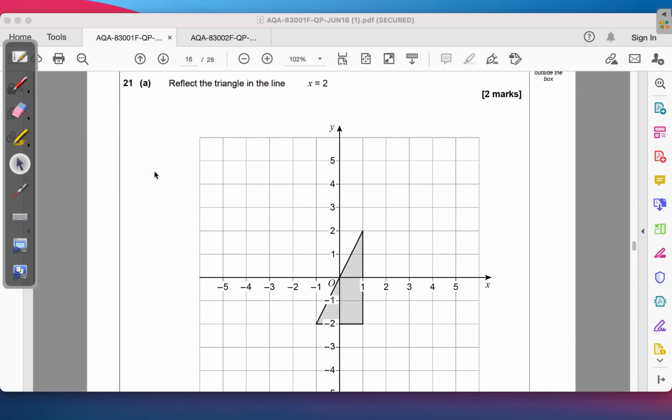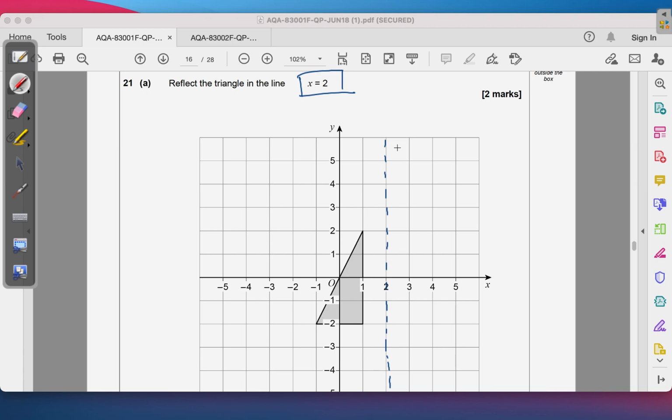Next one, reflect the triangle in the line x equals 2. Reflection is simply what you would get if you imagine you put a mirror here, x equals 2. So that's the line x equals 2. It means there's a line that goes straight down through x equals 2.